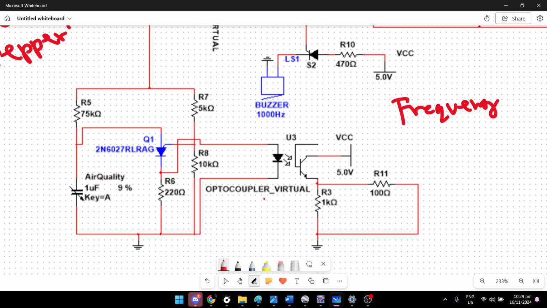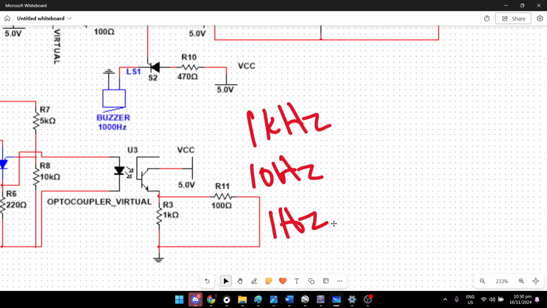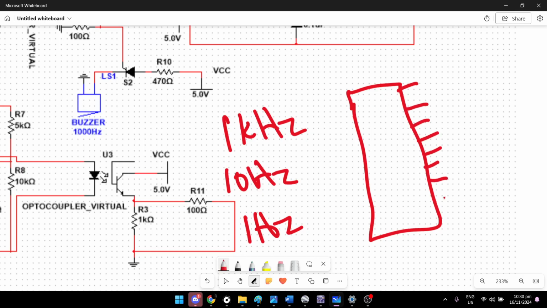So that, for example, if we want a high frequency that we have designed in the future, for example something that would respond to a 1 kilohertz frequency, or even 10 hertz, or even, if possible, 1 hertz, then something like the CD4017 IC, which is a Johnson counter, we can configure that to be an LED follower, where we take the input of a pulse signal.